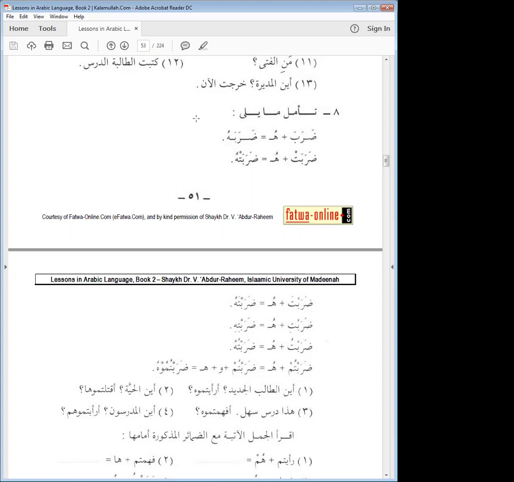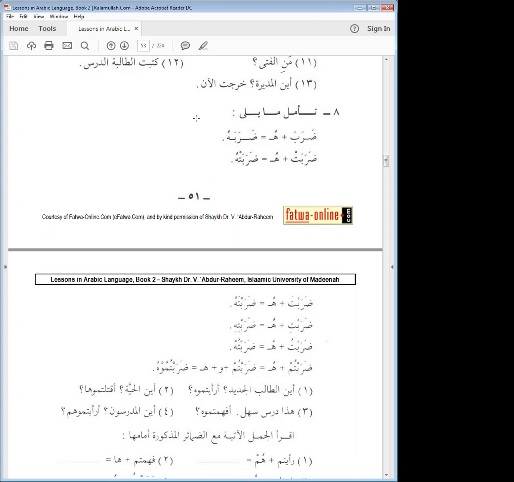Now, I want us to pay particular attention to this because remember we have the verb, and when you conjugate the verb, depending on the doer of the verb, whether it's masculine singular, feminine singular, third person, or masculine plural third person, this is different to what we're dealing with here, right?